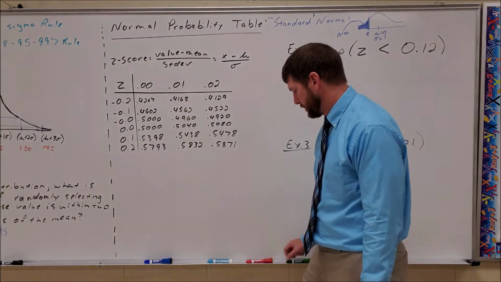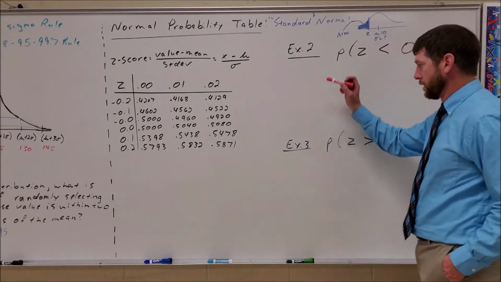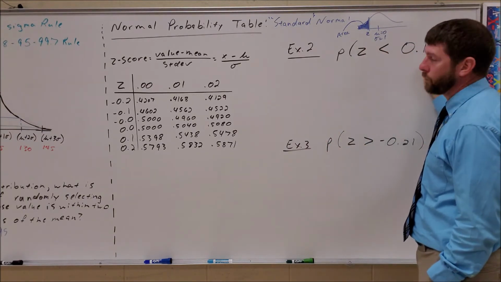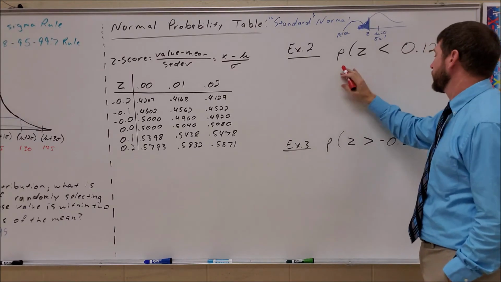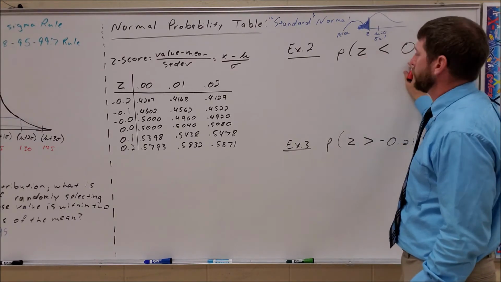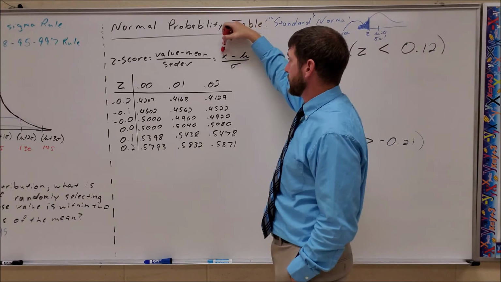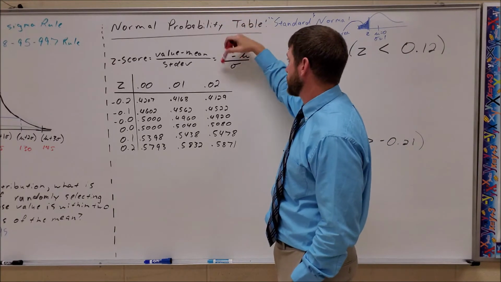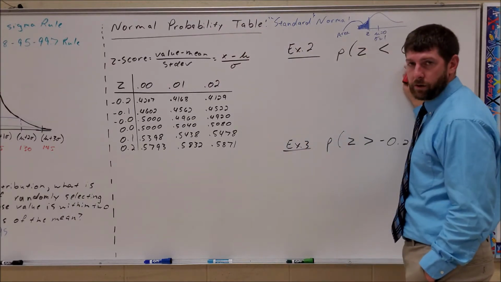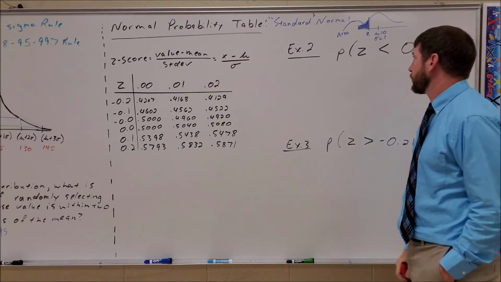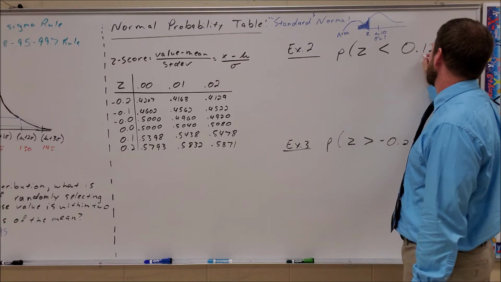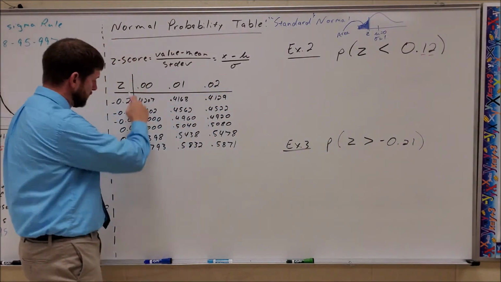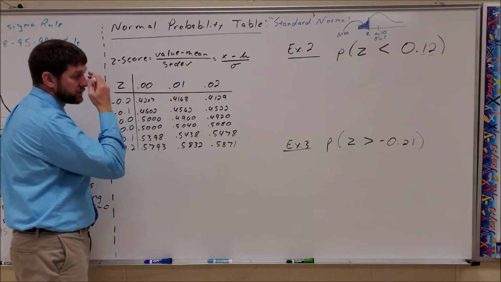I've got two examples up here. First one, we want the probability that we have a z-score less than 0.12. So that just means that we had some value, some mean, and some standard deviation. We threw all that together, and it gave us a 0.12. Now if we go to the table, we notice there are 2 digits here, and our table is lined up in rows and columns.